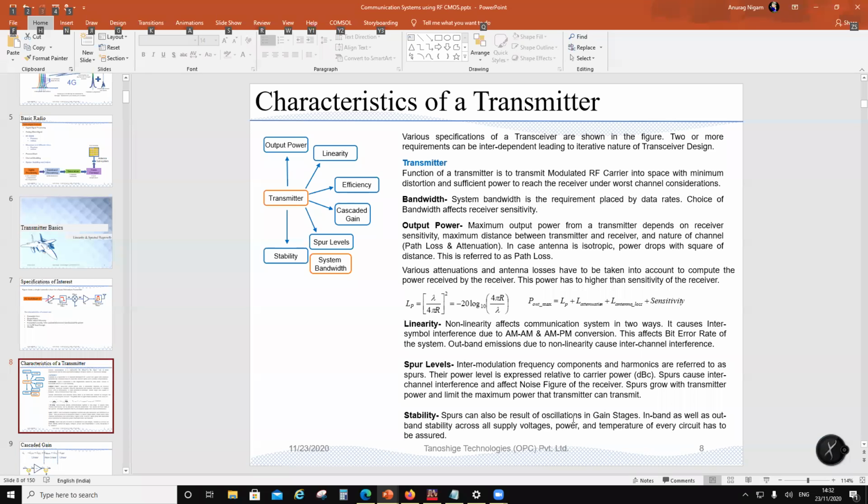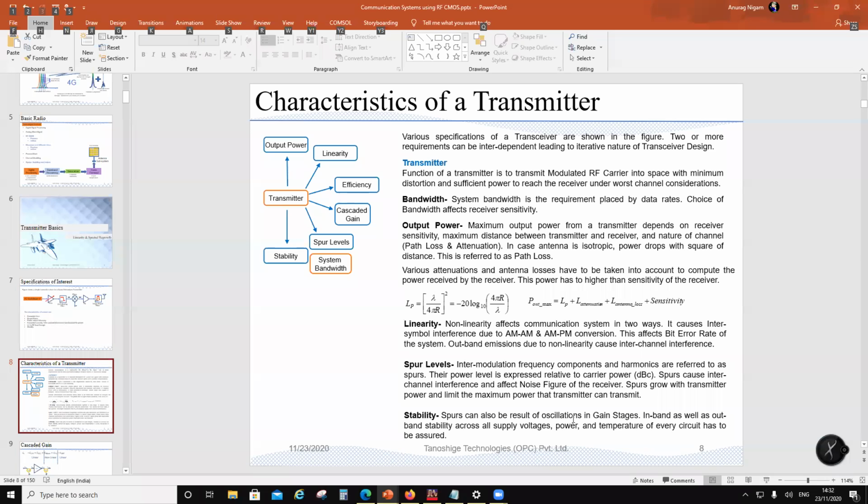Anything which is a point source, the power will decline by 1 over 4 pi R square. If it is a line source, it will decline more slowly than 1 over R square. If it is a square radiator, for example, then at a very large distance it will be a point source, but for the distances of my concern, it would decline much more slowly than 1 over R square.